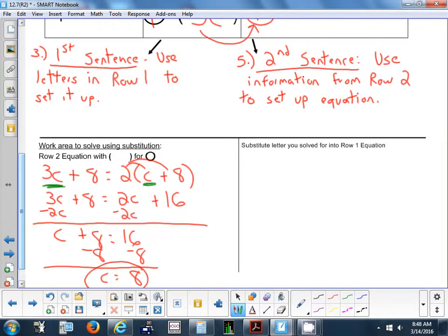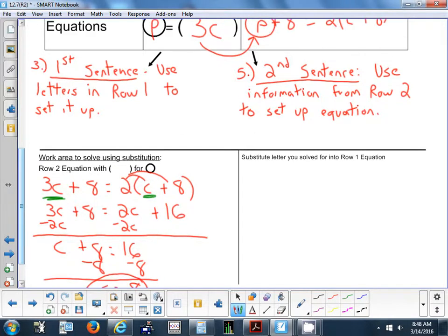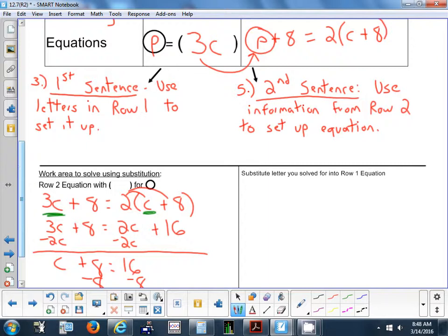Now I got to go back. This is when it gets a little tricky. Now I got to go back to my, like it says here, substitute the letter you solved for into the row 1 equation. Here's my row 1 equation. P equals 3C. It's not going to work because I got 2 different variables. I got a P, I got a C. I can't solve.